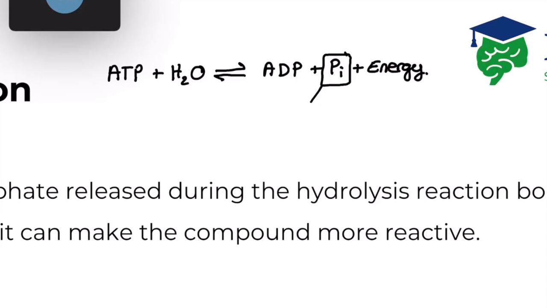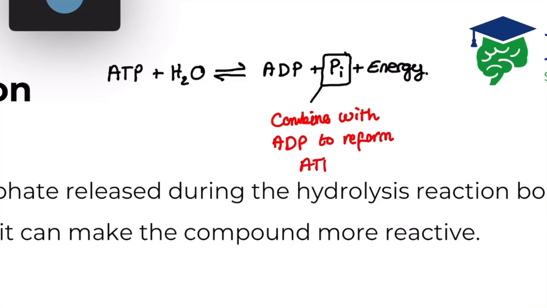One is that it can combine with another ADP molecule to reform ATP. That phosphate group that has broken off can combine with a different ADP molecule and reform the ATP, so we have a constant supply.